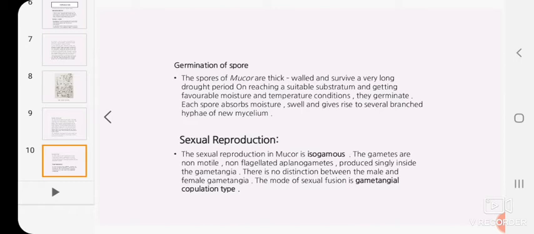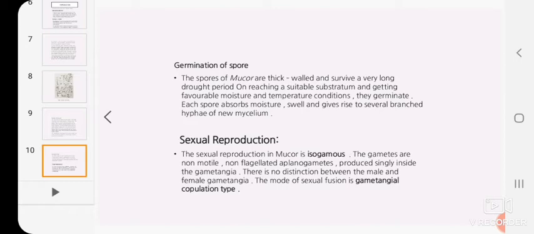And these gametes are non-motile, and they are also known as planogametes and gametangia. And in this case, during the sexual reproduction, the gametangia fuse, and we say it is gametangial copulation. Now, in this case, the entire content of the gametangia fuse with each other.